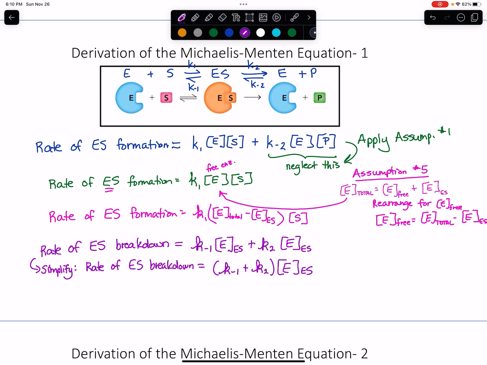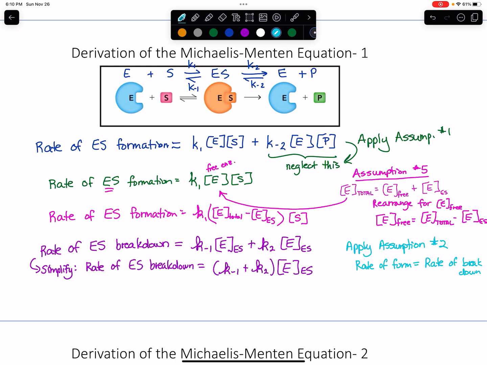All right. So now here we get to apply another one of our assumptions. So we're going to apply assumption number 2, which is saying that the rate of formation equals the rate of breakdown.